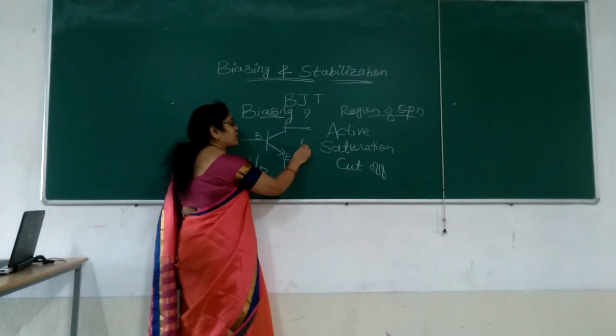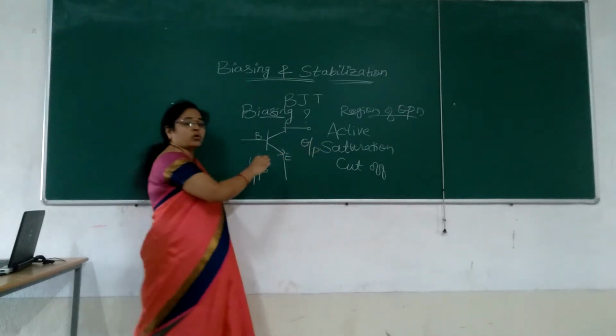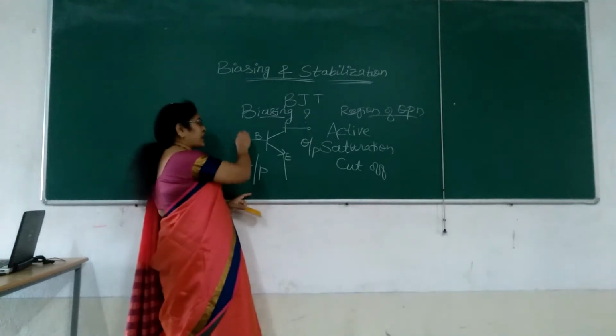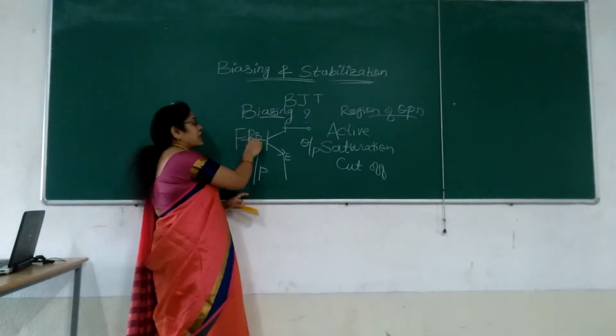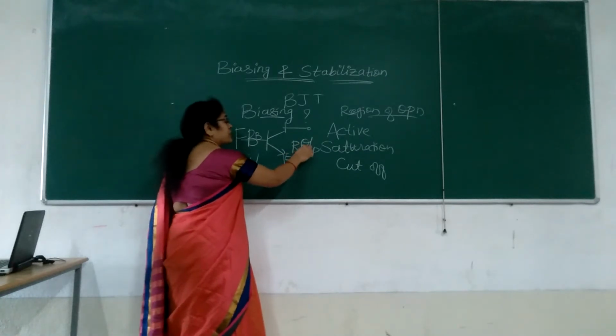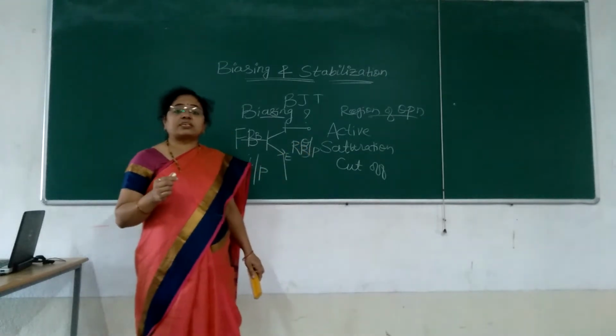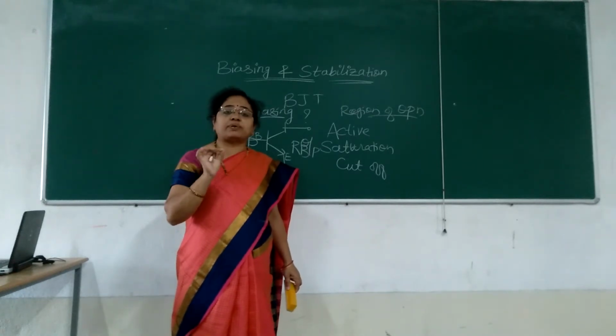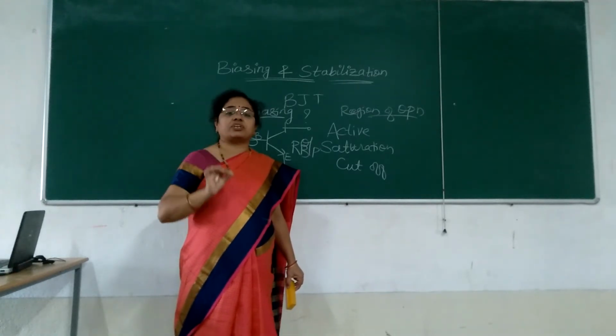The input side should be forward biased and the output side should be reverse biased. This is an essential point in order to drive the BJT into active region.